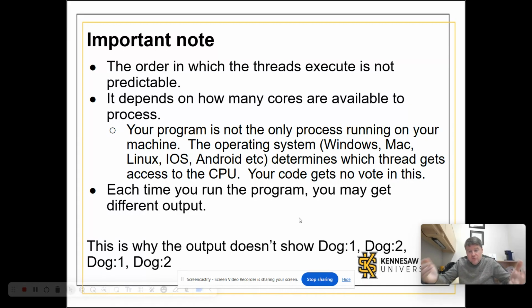So the CPU has a set amount of capability. It can do 3 gigahertz of processing, which means it can do about 3 billion operations a second. An operation would be add these two numbers together. And so when your Java program says, I need to add X and Y as two variables, what really has to happen is it tells the CPU, load the value of X into a register. It tells the CPU, load the value of Y into a register.